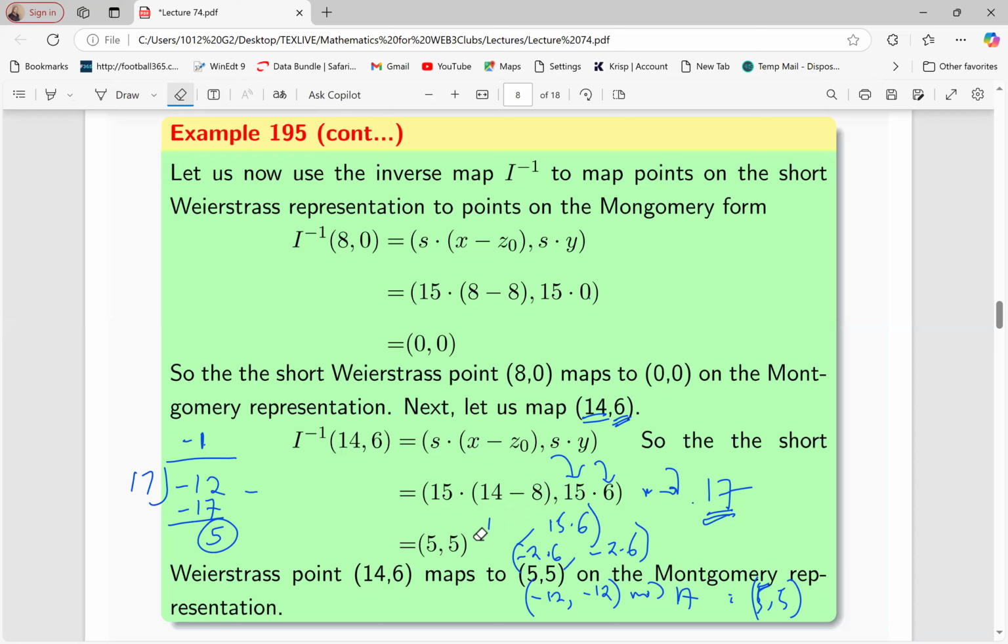And we have those formulas for doing that. So that is how we do it. So it's important you know how to do it.